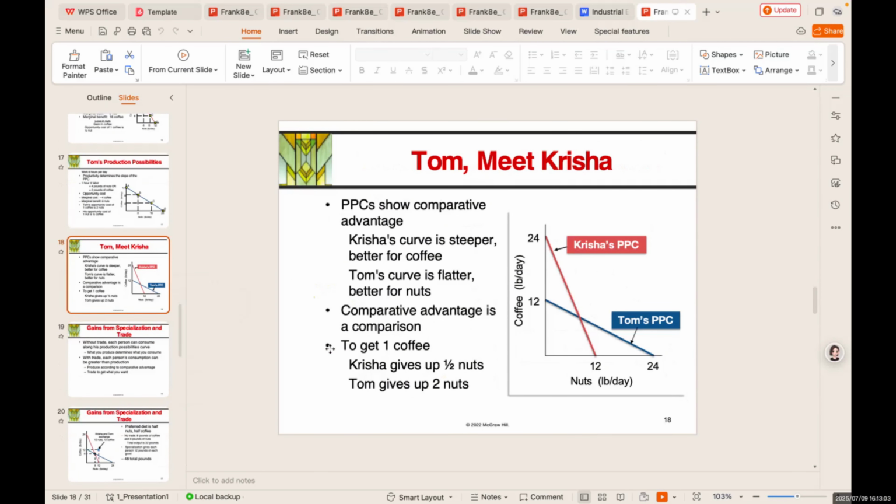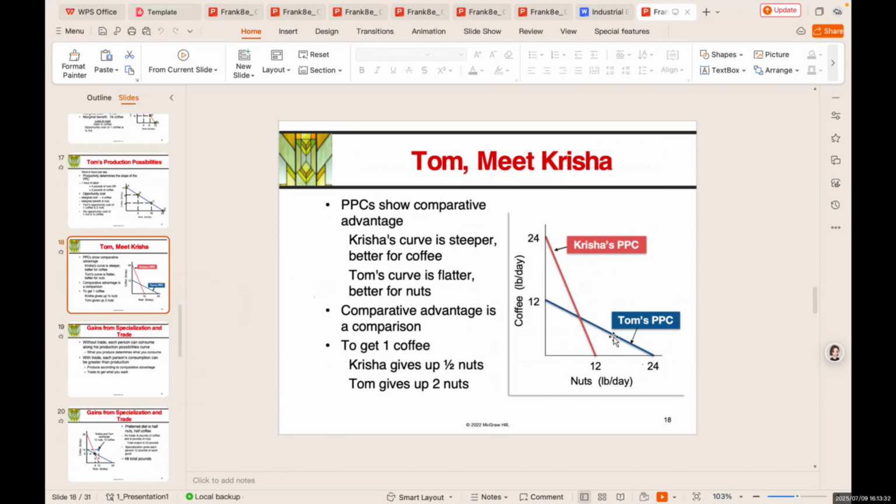We should not forget our purpose is to compare the production possibilities curves and use specialization and trade to maximize the output level. After we put two workers' production possibilities curves together, we can obviously see that Krisha has a comparative advantage in producing coffee, and Tom has a comparative advantage in producing nuts.